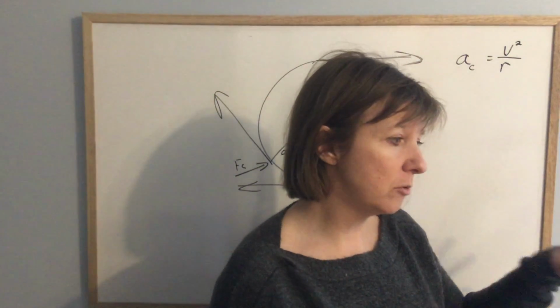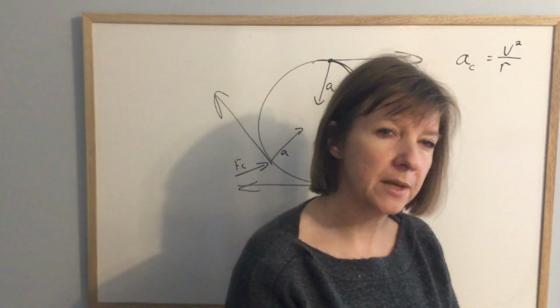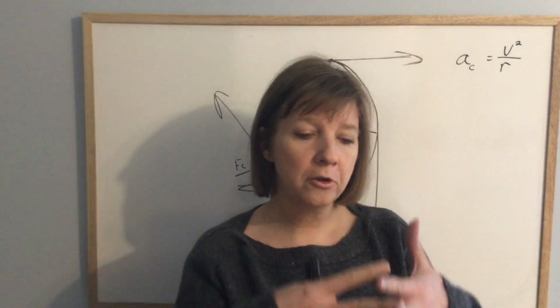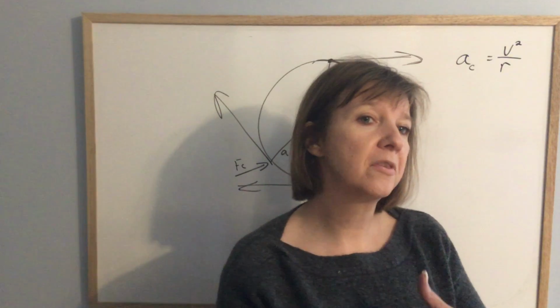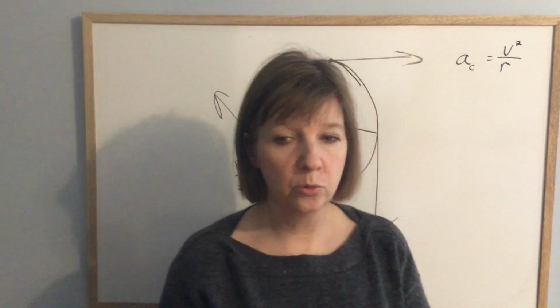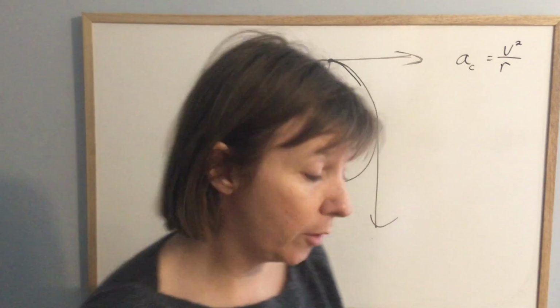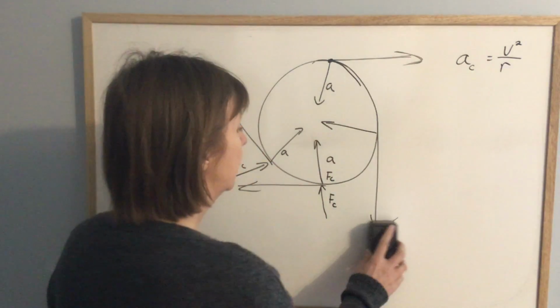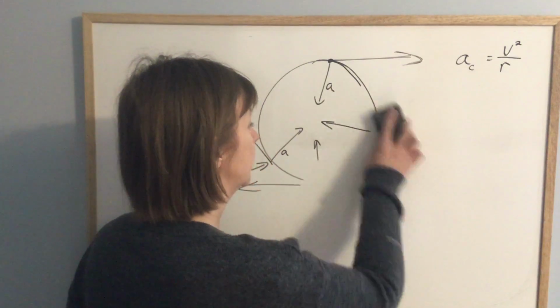Just like when we were talking about net force. Net force is the combination of all the forces. There could be more than one force that are contributing to the centripetal force. All right, so that's some of the theory.